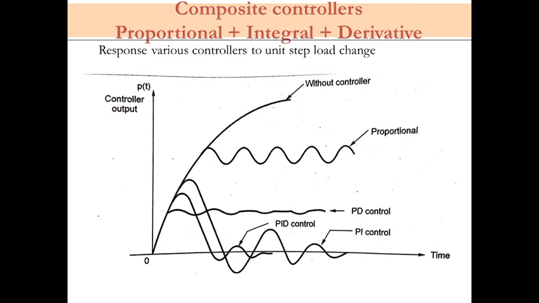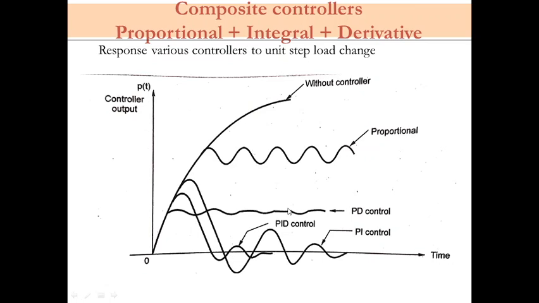Then coming to the last part, that is the response of various controllers to a unit load change. So here, if a unit step load change occurs, the first is without controller, this is with proportional, this is with PD, this is with PI, and this portion is for the PID controller.